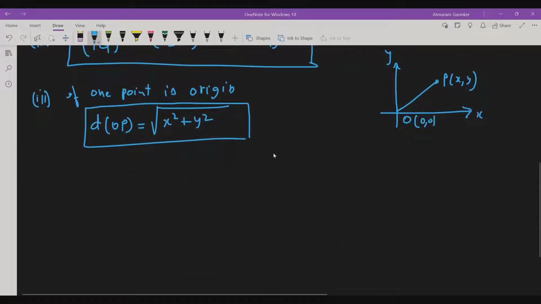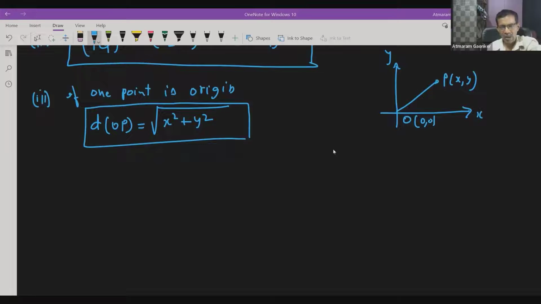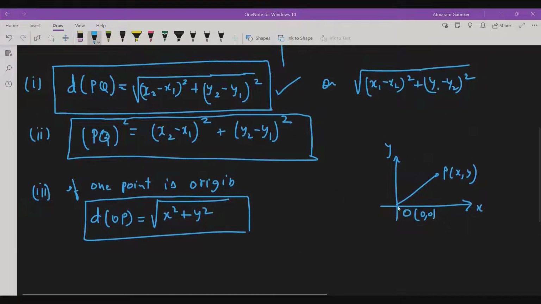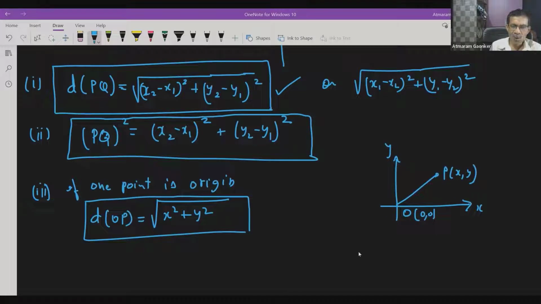Sir, can you explain the third one again? Third one, yes, with an example. Yeah, I will. See, we want to find the distance OP. And the first distance formula is like this: square root of, I will put the first formula again, (x2 minus x1) the whole square plus (y2 minus y1) the whole square.